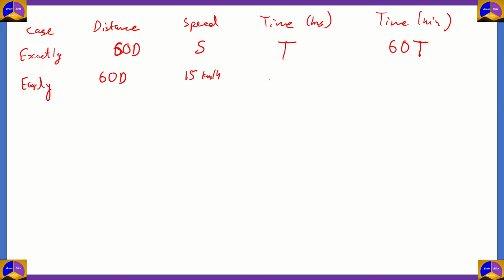For the time, we're going to use time equals distance by speed. This will be 60d over 15, which will be 4d. So 4d is the time in hours. We're going to multiply that by 60 to get it in minutes, which is 240d.